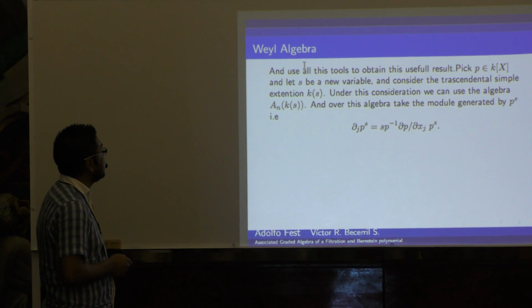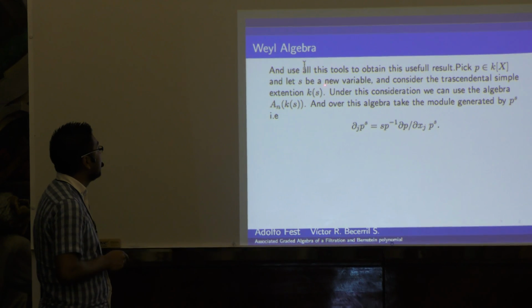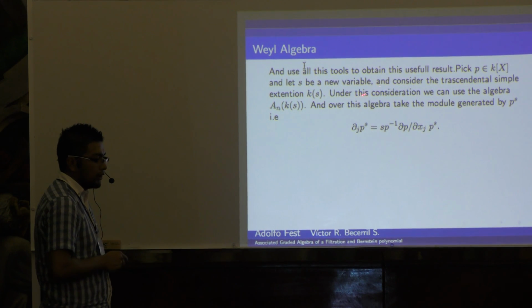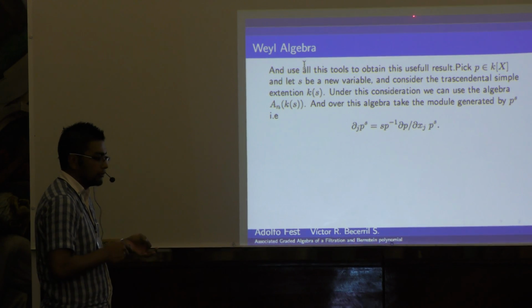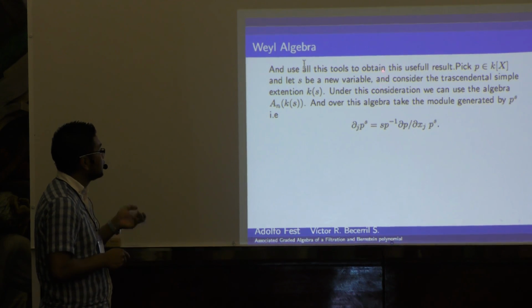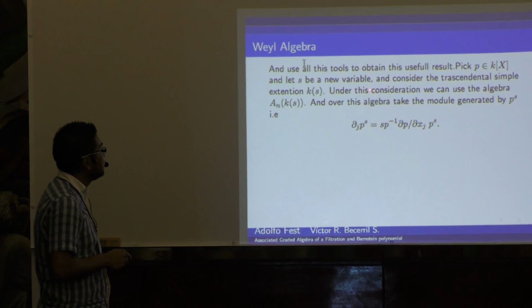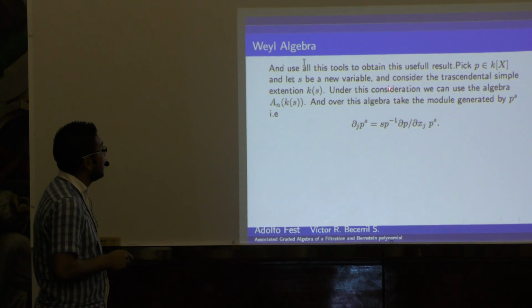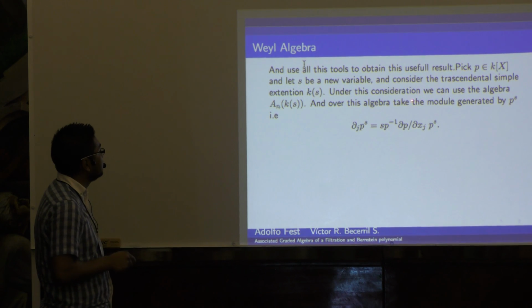If I pick a polynomial and I define s as a new variable, something that in principle is nothing, we consider the simple transcendental extension.